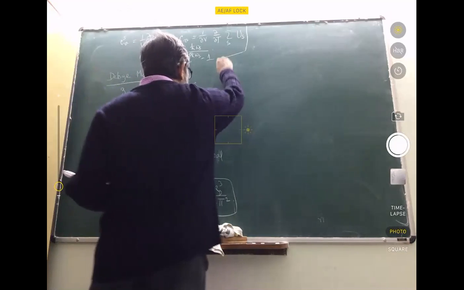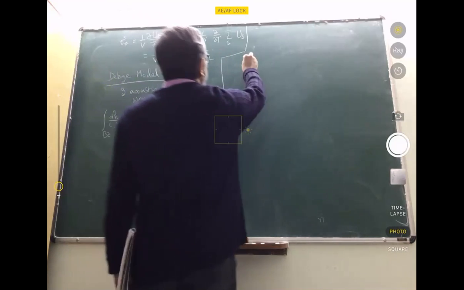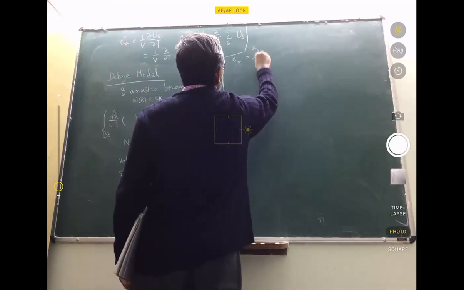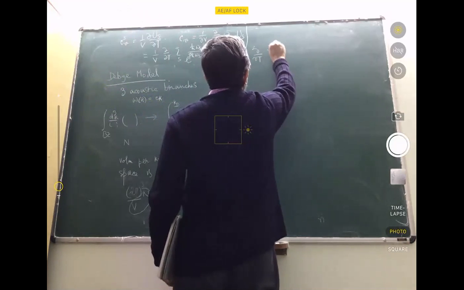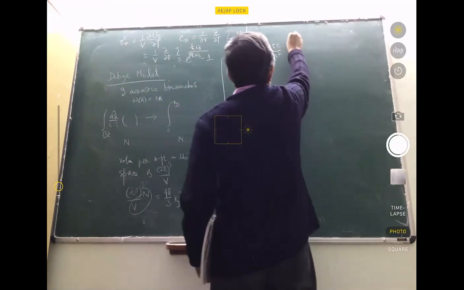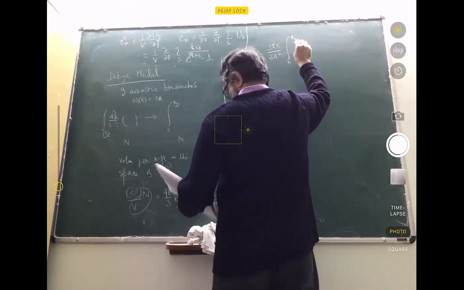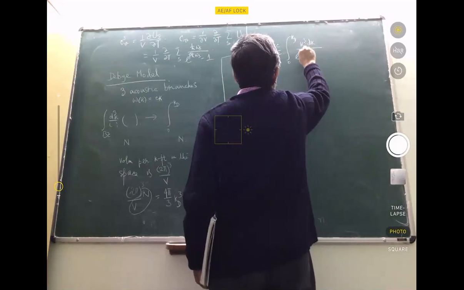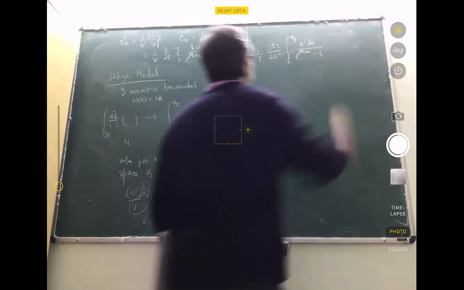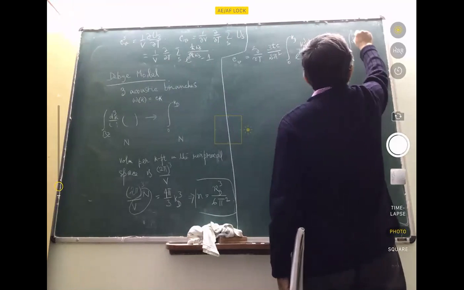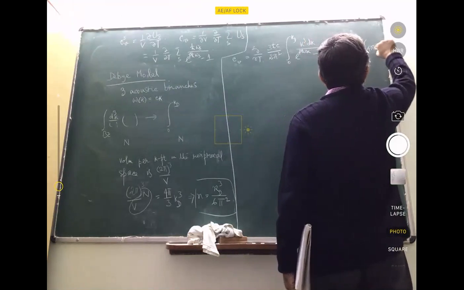Okay, so when you put these things in the expression for energy, the CV will be given by, where, of course, d^3k has been written as 4 pi k squared dk.